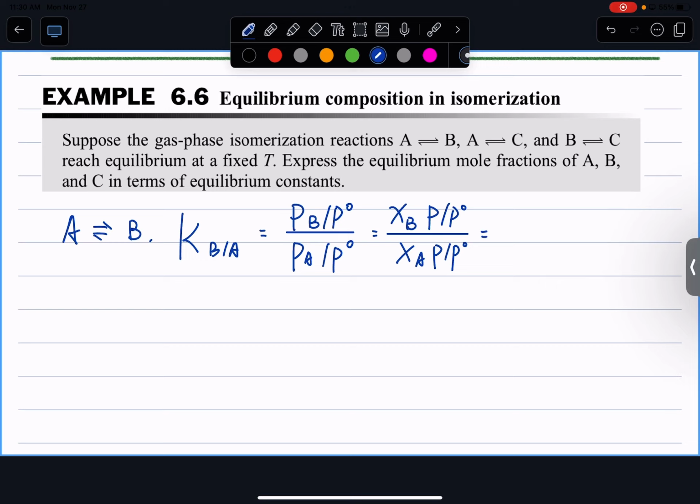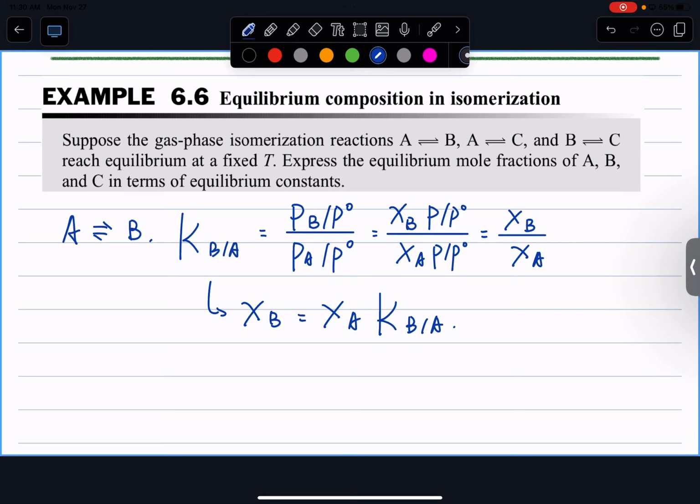Since the pressure is the same, we can cancel out these terms, and our equilibrium constant between A and B effectively becomes chi B over chi A. Or the other way to put it is your equilibrium constant KBA is a key to connect your mole fraction of A and mole fraction of B. So what do we have here? Chi B equals chi A times K BA.